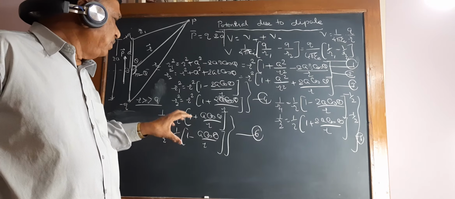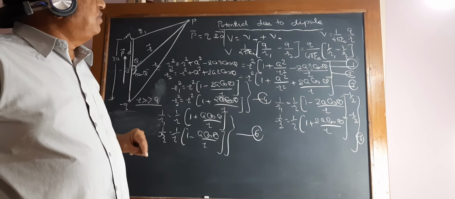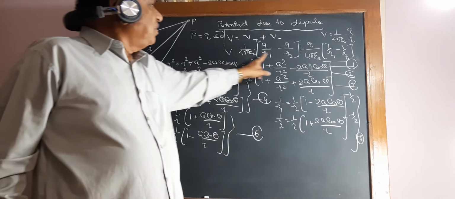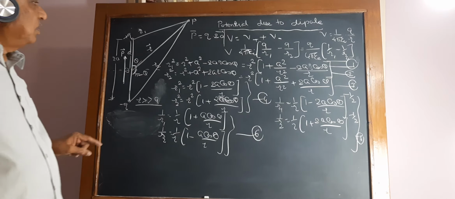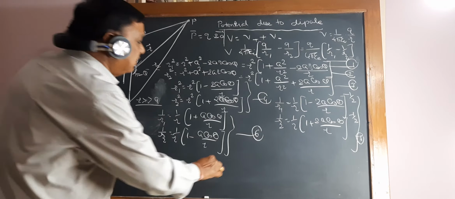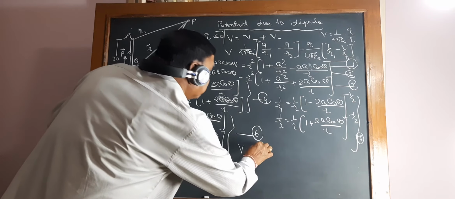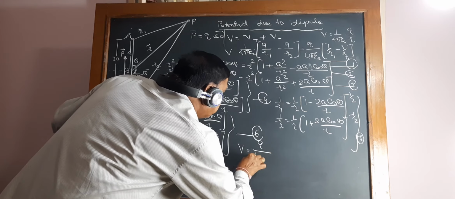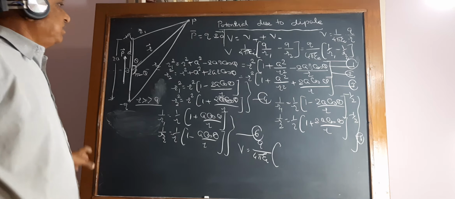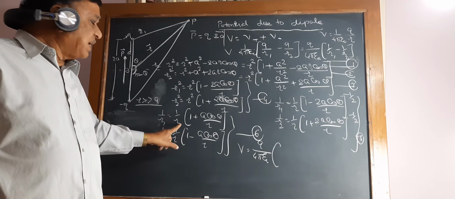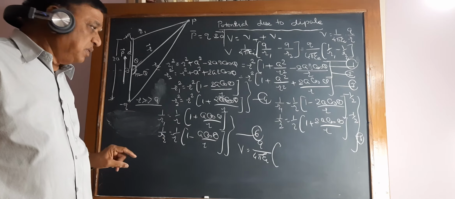Now putting the value of equation 6 in equation 1, this is the required expression. So we can write V equal to Q upon 4 pi epsilon 0, 1 upon r1 minus 1 upon r2.